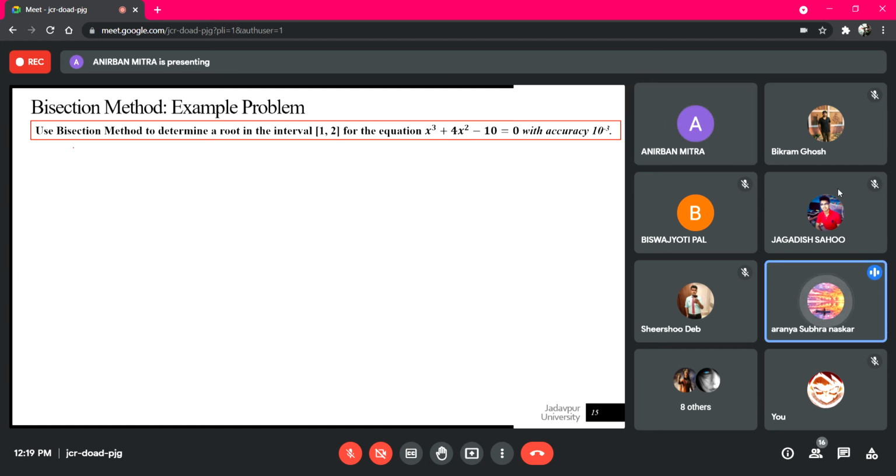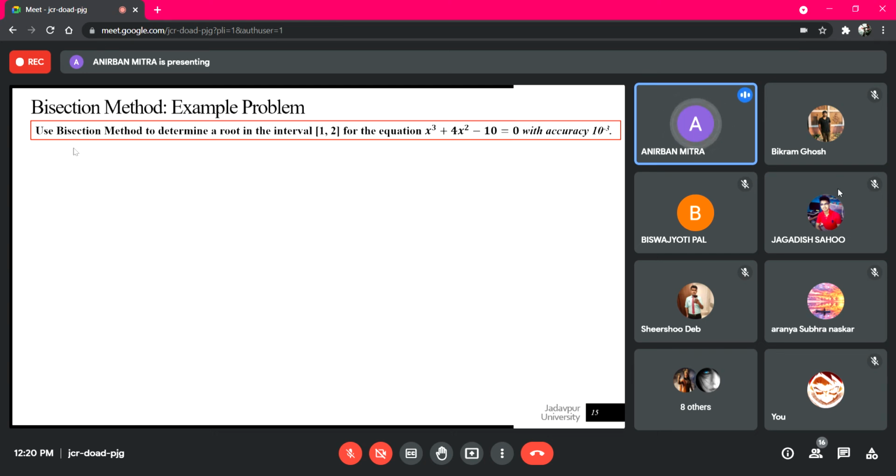Sir, 10 to the power minus 3 is the pre-specified error limit, right, sir? Yes, the accuracy is provided, and it will be given in the question. Yes, the pre-specified error limit is usually supplied in numerical problems.